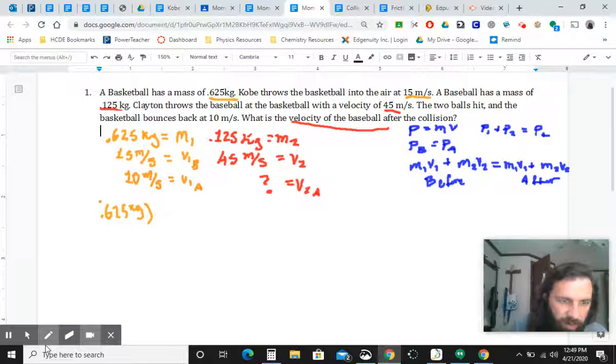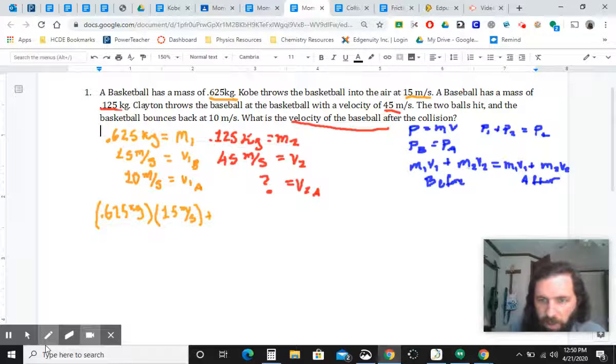So 0.625 kilograms times. Okay, next up is V1. And this is before. So that's going to be V1B is 15 meters per second. All right. Plus. Okay, M2 is 0.125 kilograms.